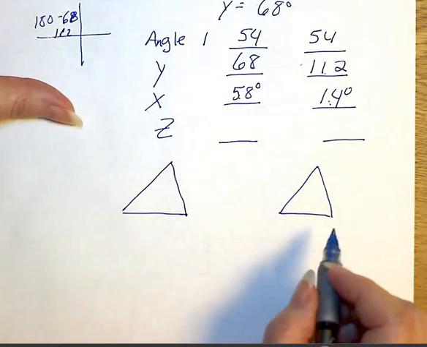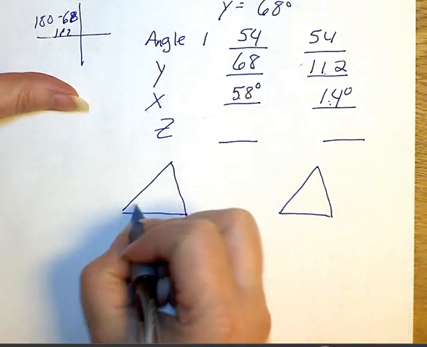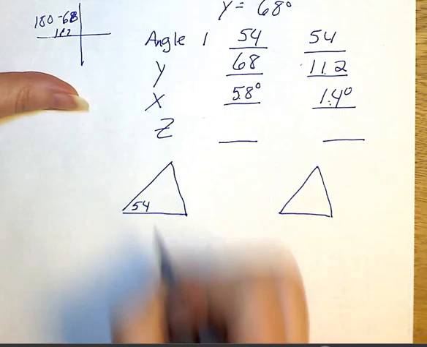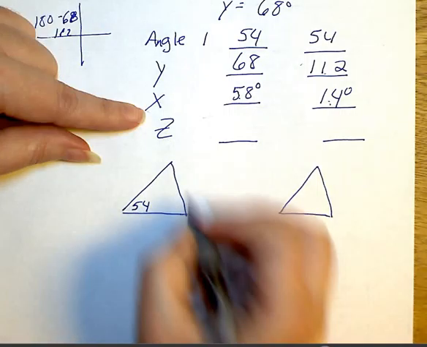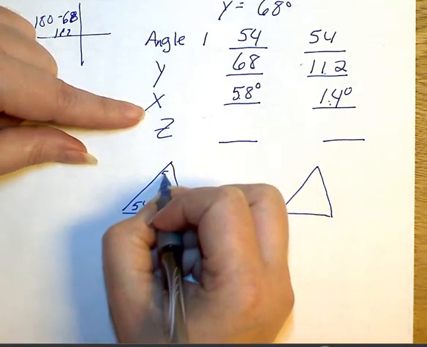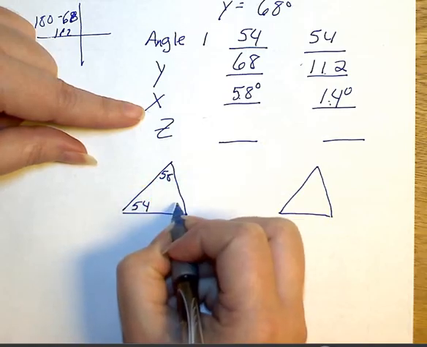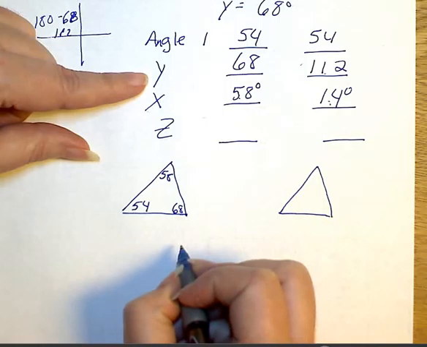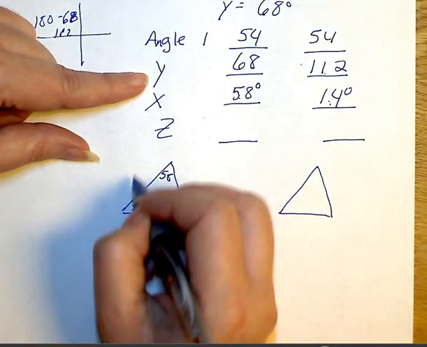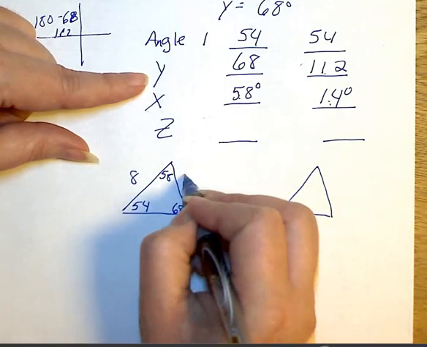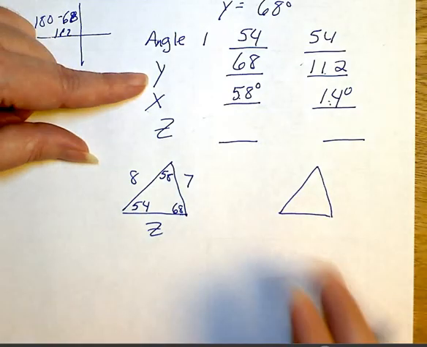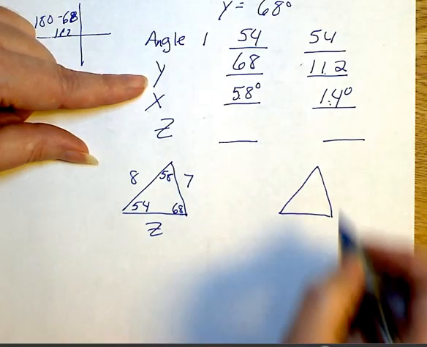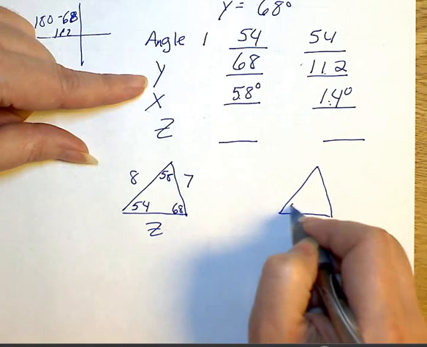So we have here, again, remember this was our 54. Our X is what we found up top, so that's a 58. Our Y is 68 on the first one. And our sides were 8 and 7. And this is our Z. This again was our 54.